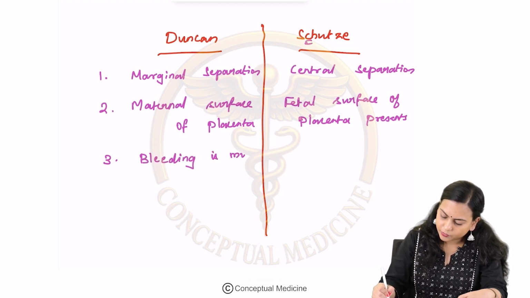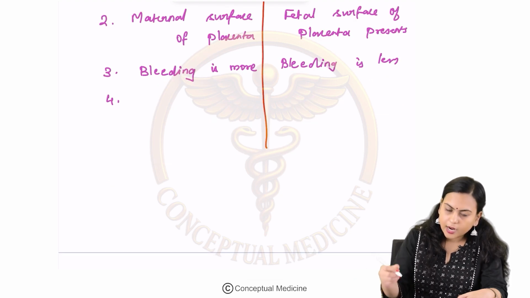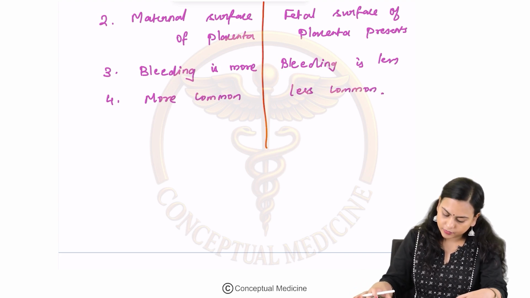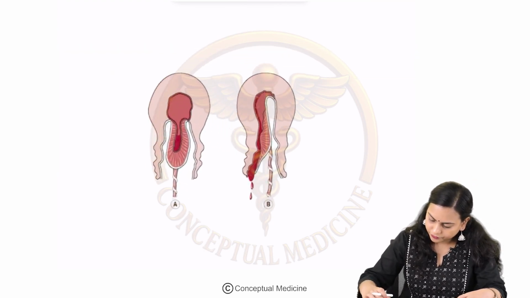Whereas in Schulze, the bleeding is comparatively less. Okay. And the more common method is Duncan method. Schulze method is a less common method. Clear?